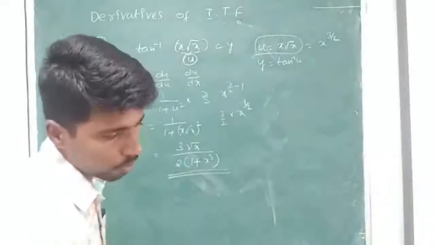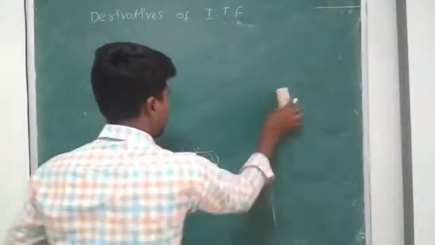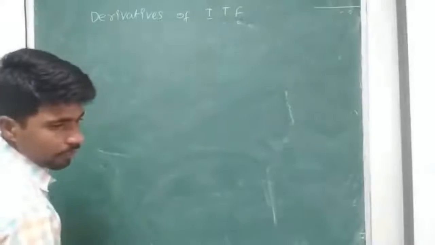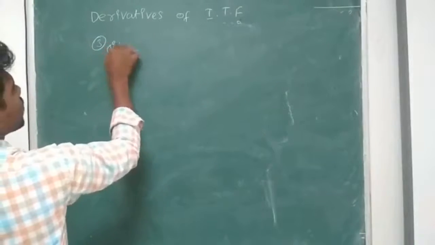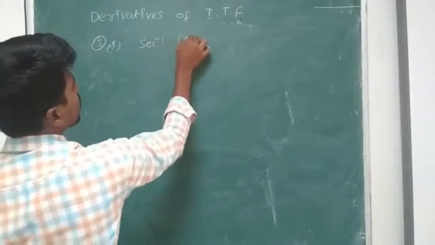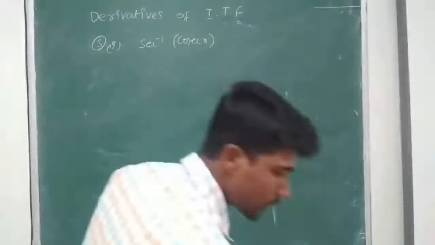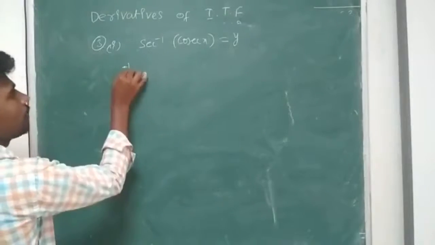Secant inverse of cosecant x. Right? So this function, now we are going to do differentiation. Take it as y, dy by dx.